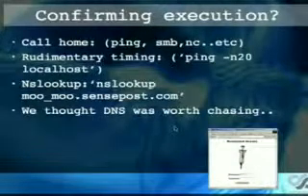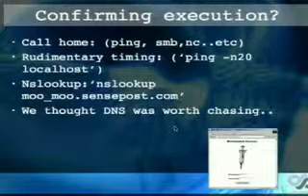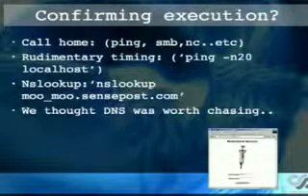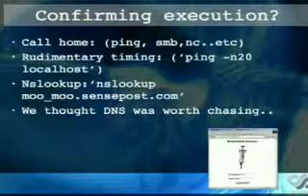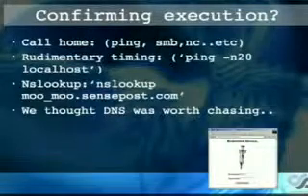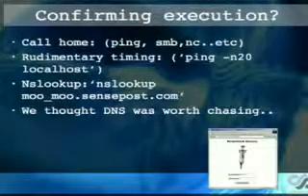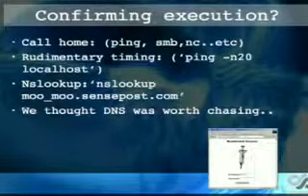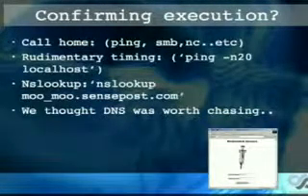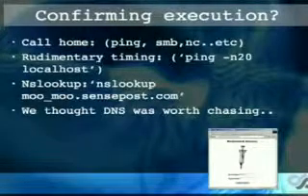Something else that was interesting was often you end up using DNS. So the first command that you execute on the box happens to be nslookup mu.mu.mu.sensepost.com, and then you sit and you watch your DNS log files to see if anyone requests mu.mu.mu.sensepost.com.